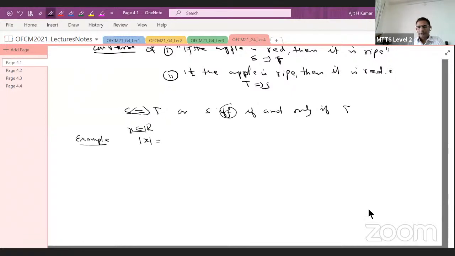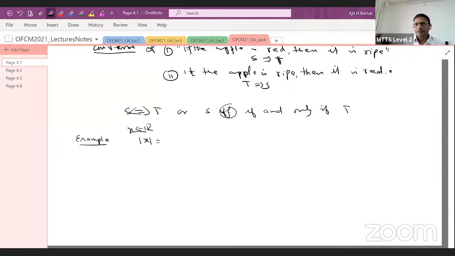Let me clear all the responses. How do we define the modulus of a real number?